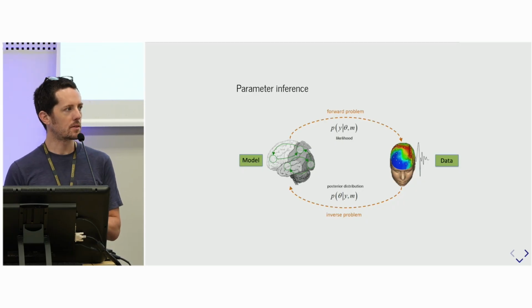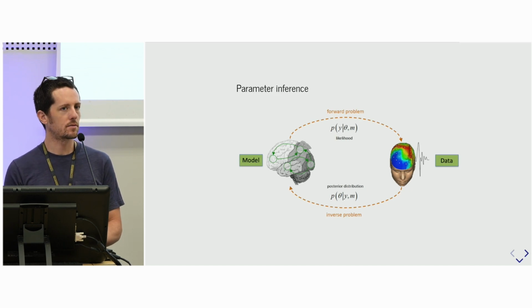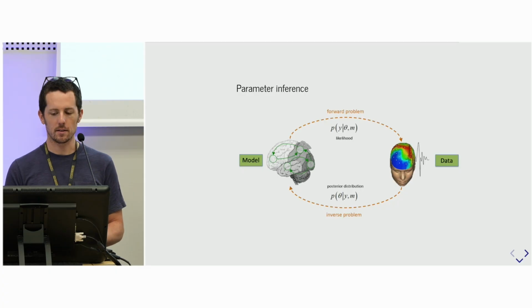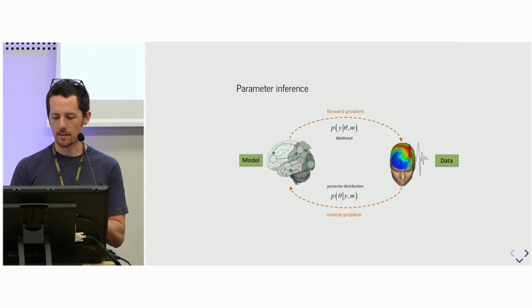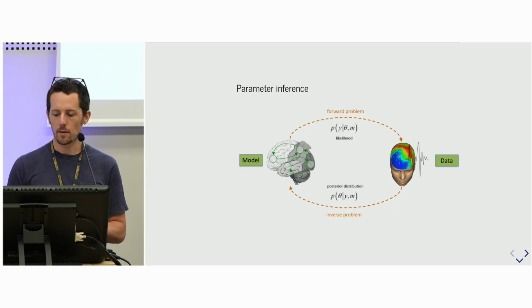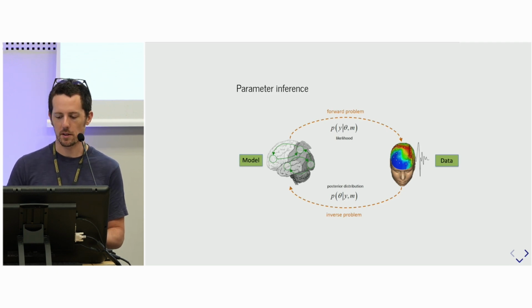Optimization of the parameters will give you the peak of the distribution over the parameters, but that peak is not necessarily representative of the full distribution. And in high dimensional space, the peak of the distribution doesn't lie where you expect it would. That's why, when we have a high dimensional parameter space, such as estimating a parameter per region in the brain, we need to use proper Bayesian inference and not just simple optimization to find the parameters of interest.